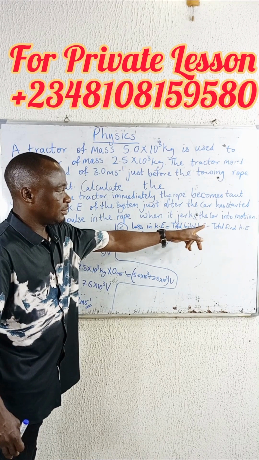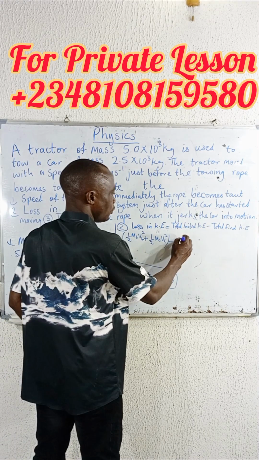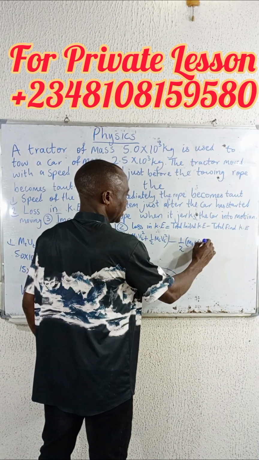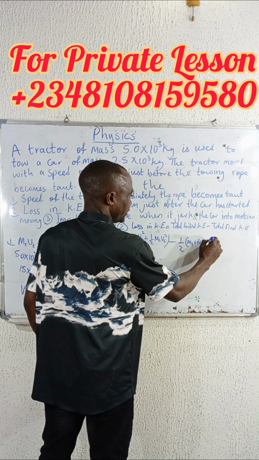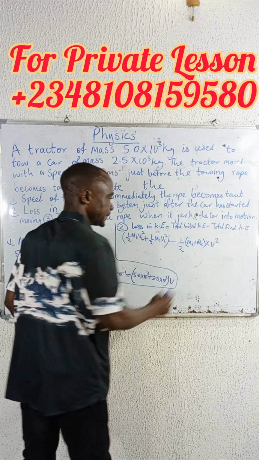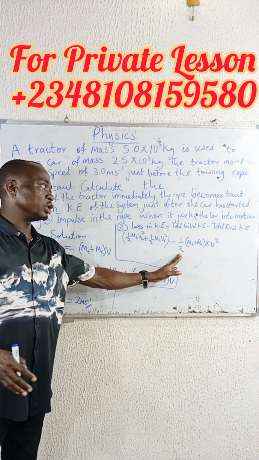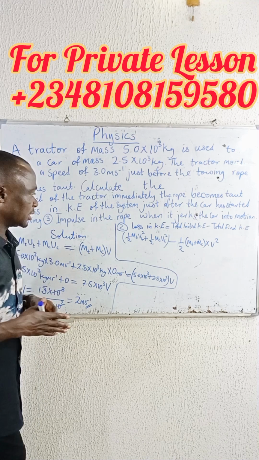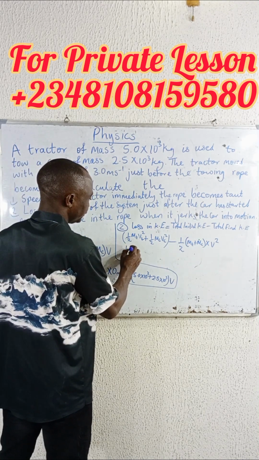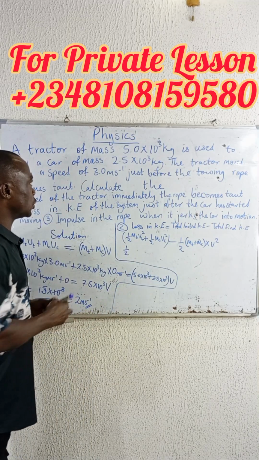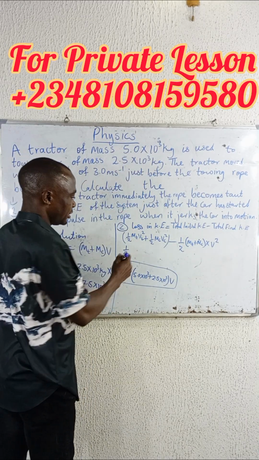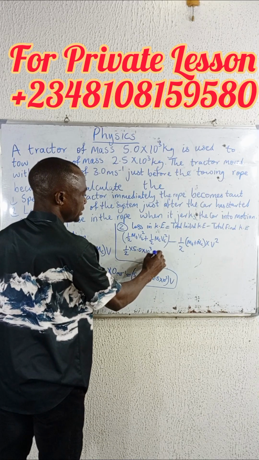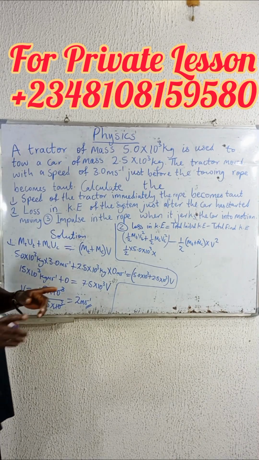Now the total final kinetic energy is going to be 1/2 into the mass of the tractor plus the mass of the car, times common velocity squared. Because after collision, the two vehicles now move with the same velocity. So here, the mass of the tractor is 5.0 times 10 raised to the power 3, times the velocity of the tractor.